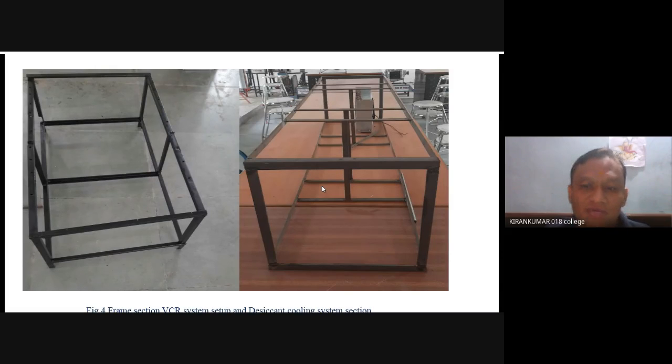After that, I have fabricated two frames. One is a duct for the desiccant cooling system section, and the second frame is used to set up the VCR system. These two systems are clubbed together to become one hybrid desiccant cooling system.